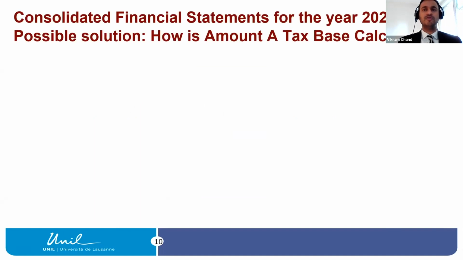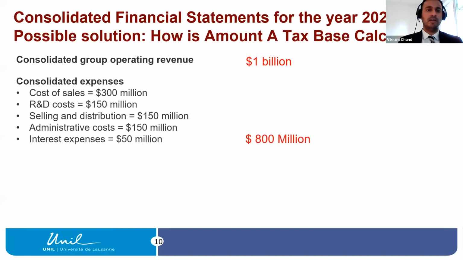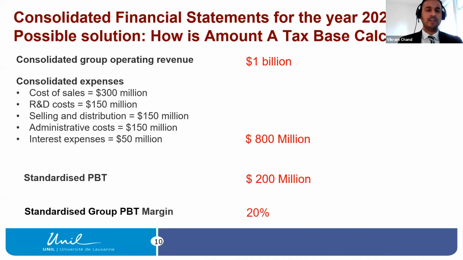So a possible solution in our case study is that we take the consolidated group operating revenue, which is around 1 billion. We take the consolidated group operating expenses, which is around 800 million. And we arrive at a standardized PBT amount of 200 million, which would give us a standardized group PBT margin of 20%, that is 200 million by 1 billion.